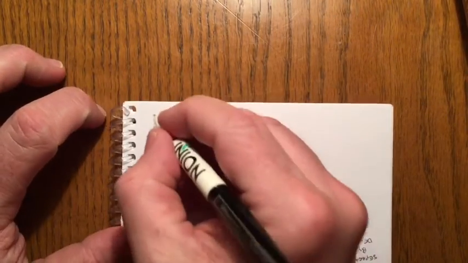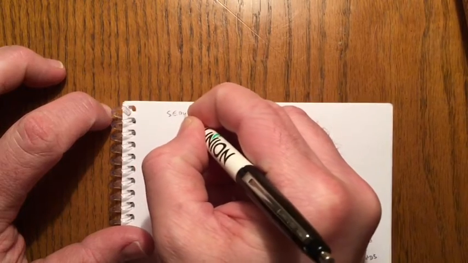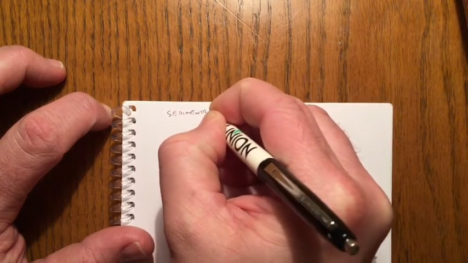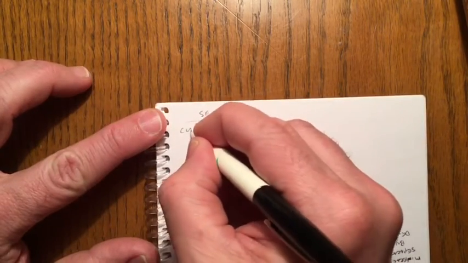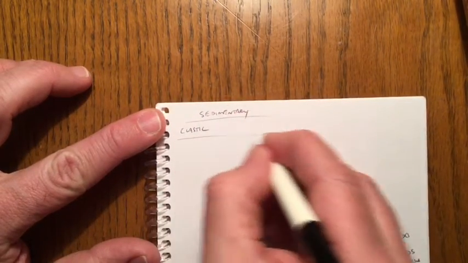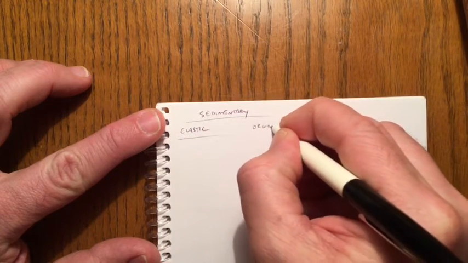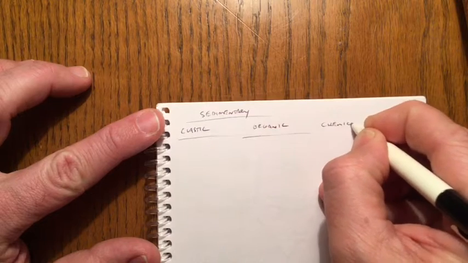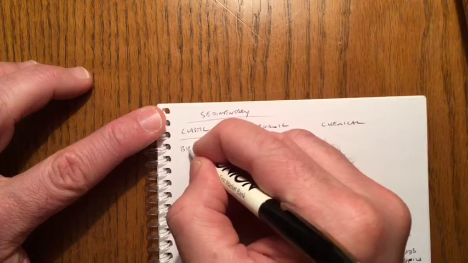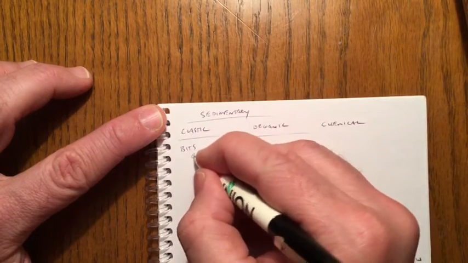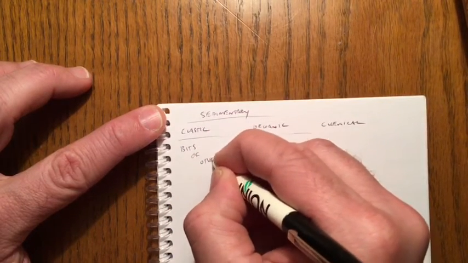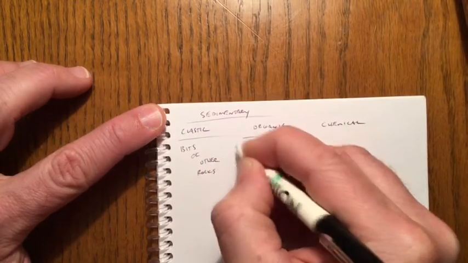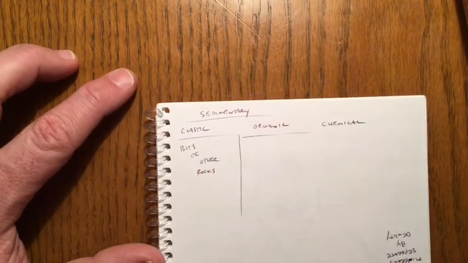Last category is sedimentary. The sedimentary's actually got three different categories. There's clastic, organic, and chemical. Clastic is just made up of bits of other rocks or sediments.